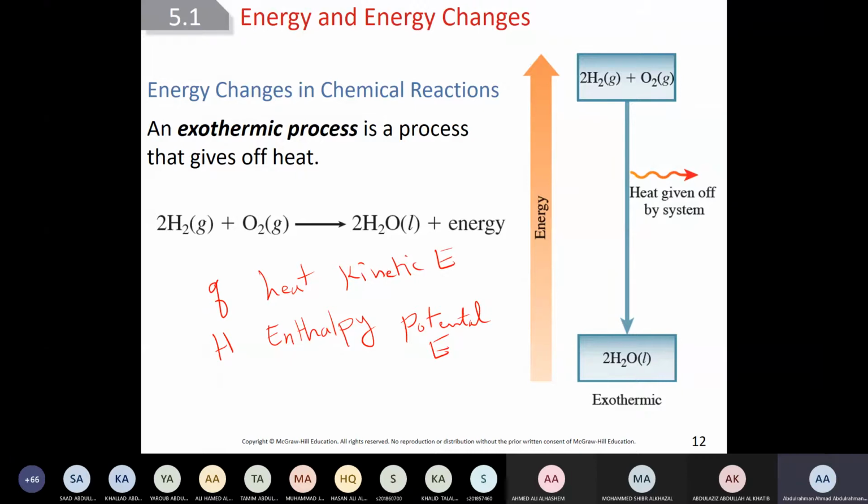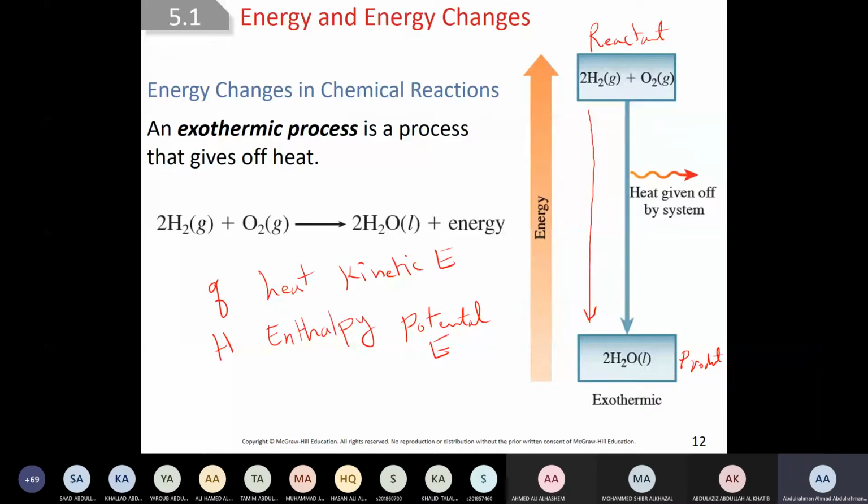When you have reactants, here, and this is products, if you have reactants at higher energy than the product, and you're going from reactant to product, this means you're going to lose energy.